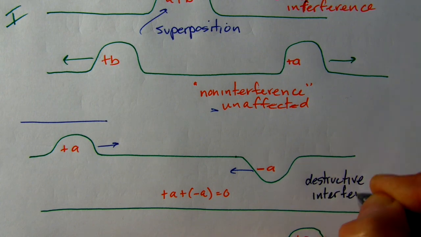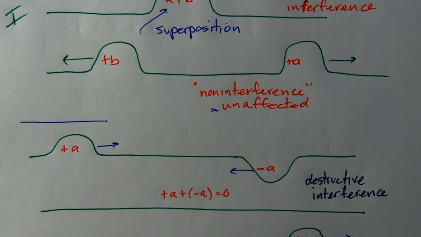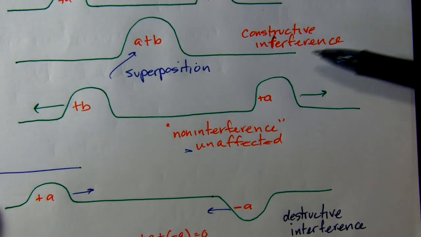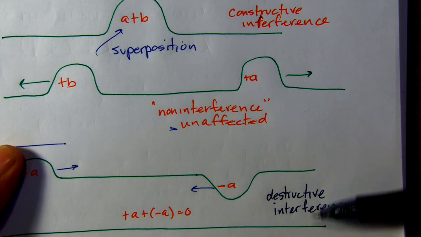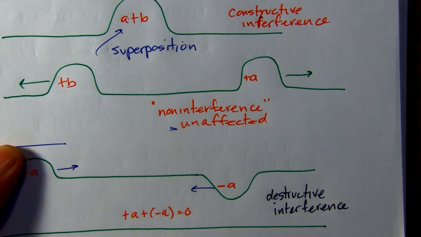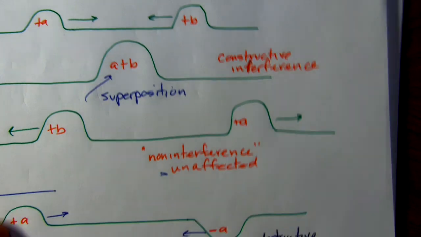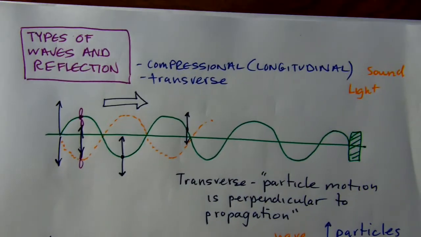The idea is that the combination of those resulted in something that doesn't exist here. These two concepts here, by the way, constructive and destructive interference, we will see these again when it comes to sound waves, because that's actually going to be a very important concept. So those are just the basic ideas, but we need them as we progress towards sound and light here.